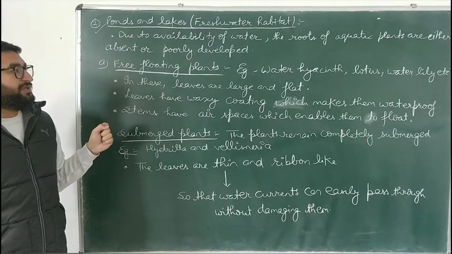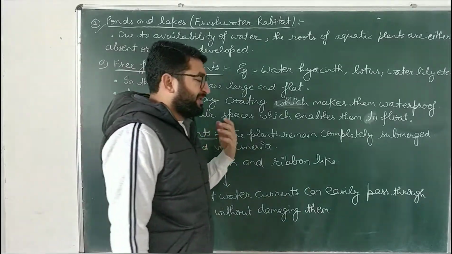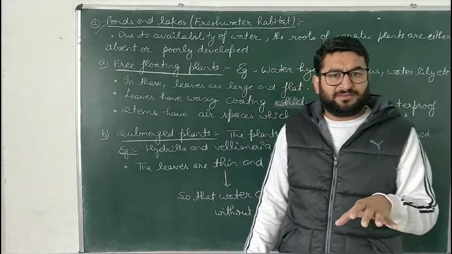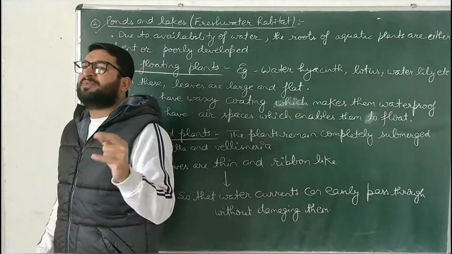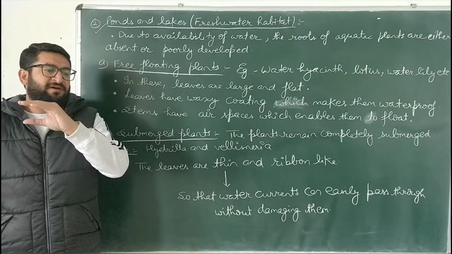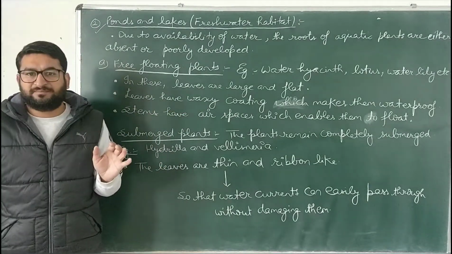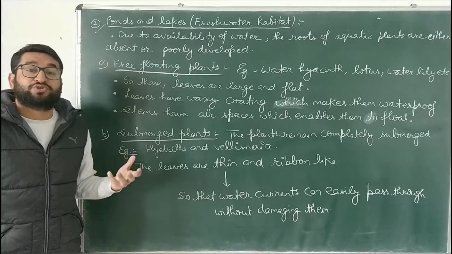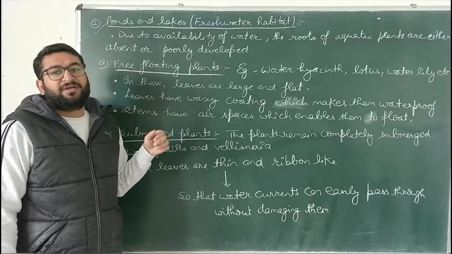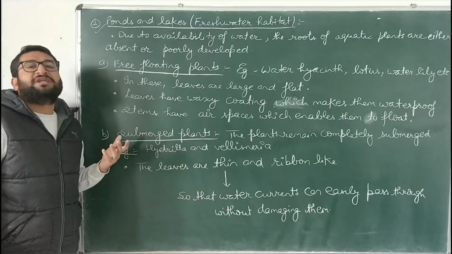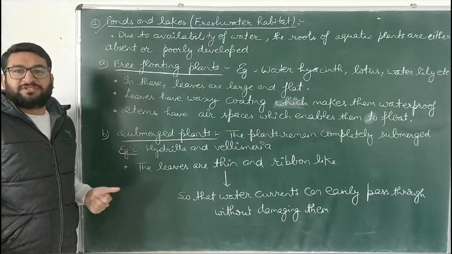Due to which the roots of aquatic plants are either absent or poorly developed. Why? Because the plants have water all around them. So they do not require the roots to absorb those minerals from the soil. So these roots are either poorly developed or absent.